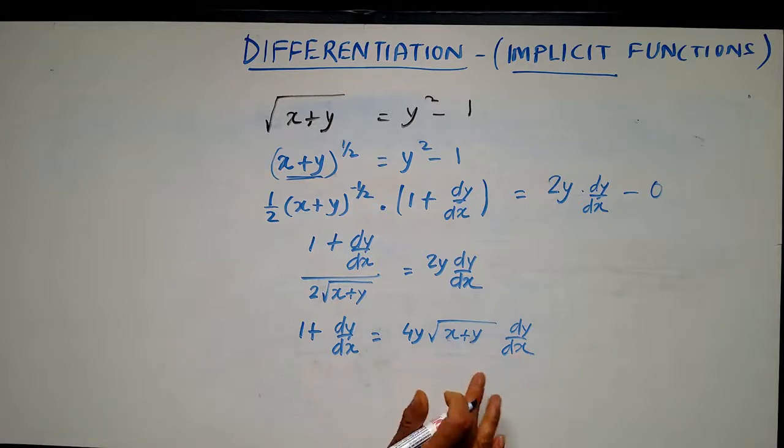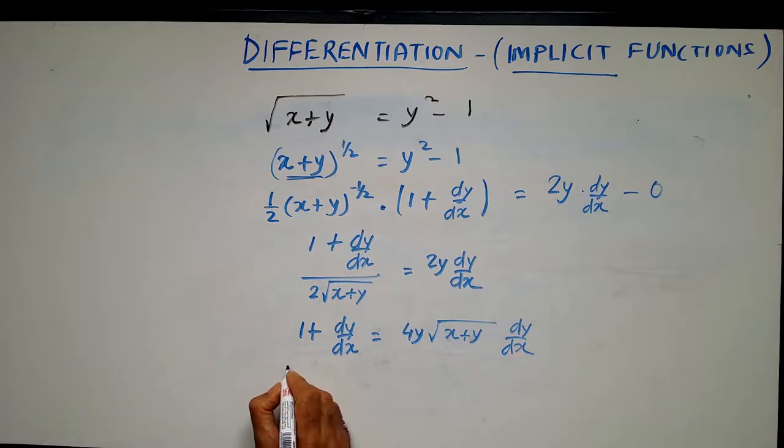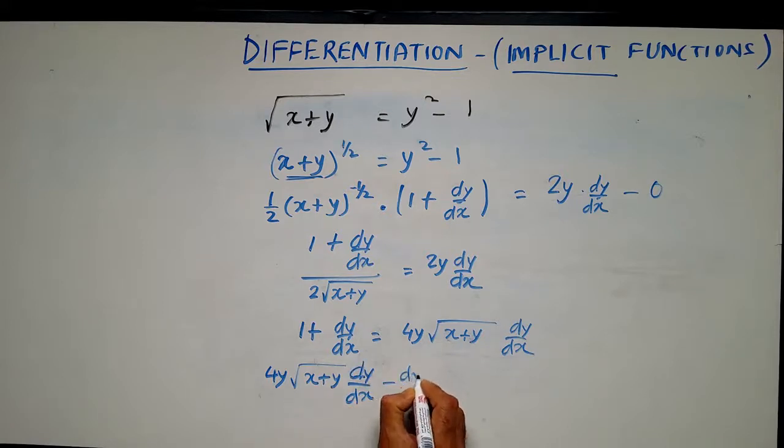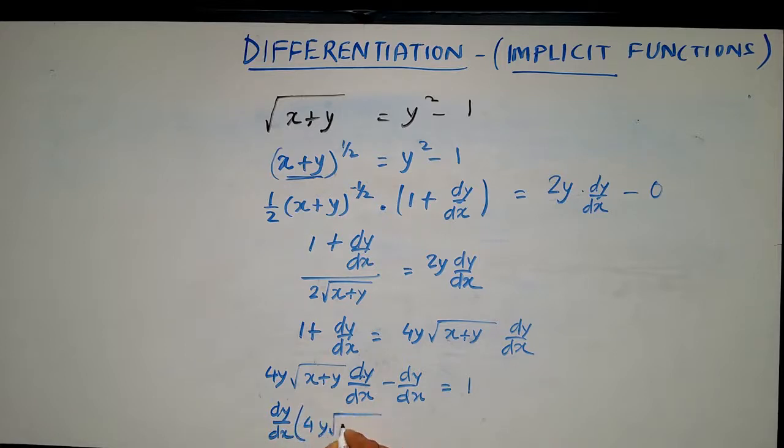So let's take all the terms of dy by dx here in one place. So it is 4y root of x plus y into dy by dx minus dy by dx is equal to 1. So we get dy by dx into (4y root of x plus y minus 1) is equal to 1.